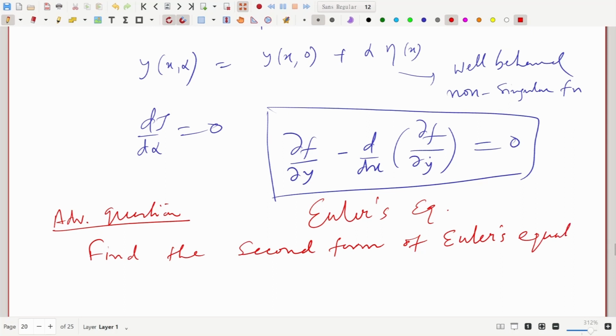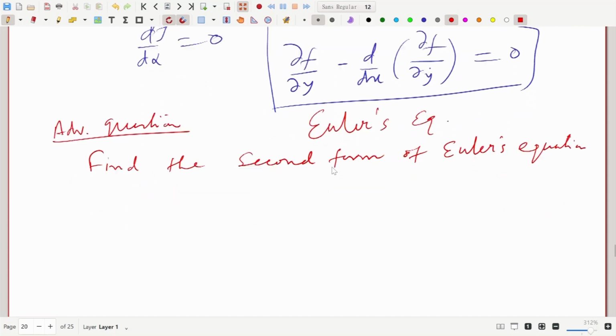It can be re-expressed in different ways, so there is also what is known as the second form of Euler's equation. Find that; that is your homework.